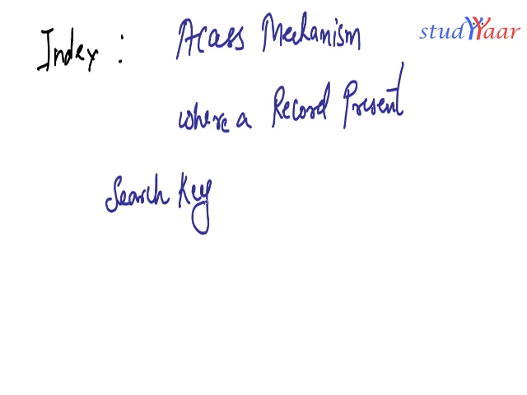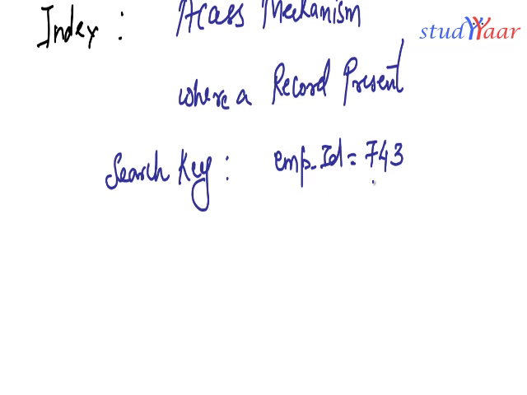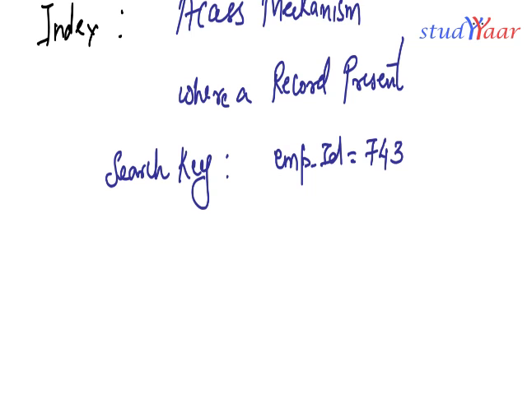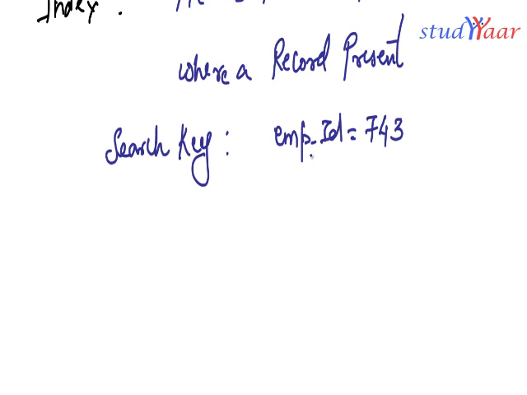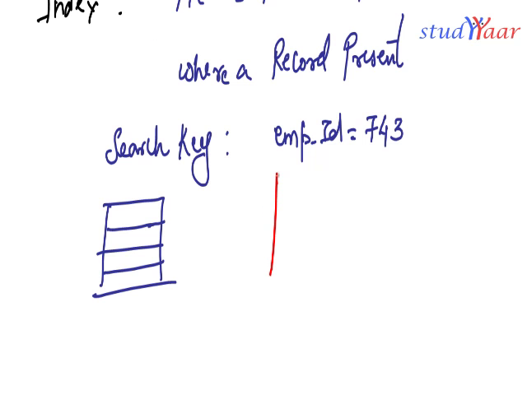So let's suppose I want to find out the record of an employee whose employee ID is equal to 743. So I would look into the index corresponding to the employee ID equal to 743 entry, and I would find the address where this employee record is stored. Let's suppose this is my index, and let's suppose this is my file.